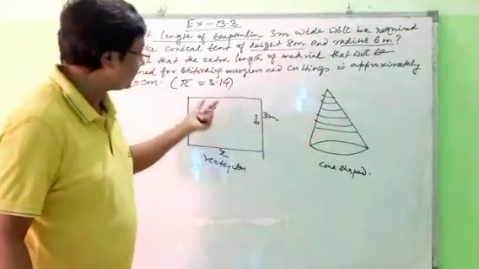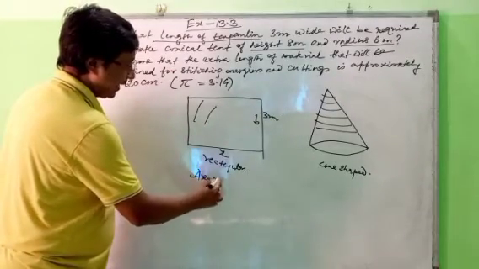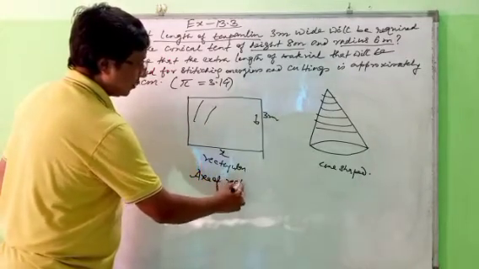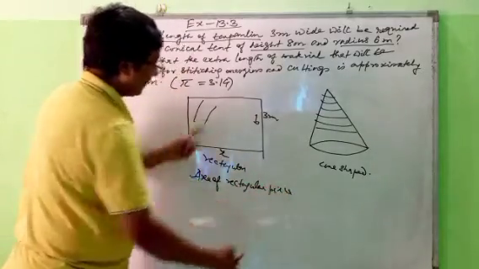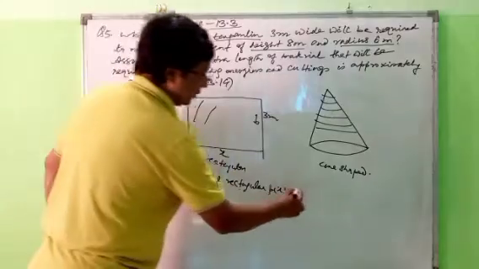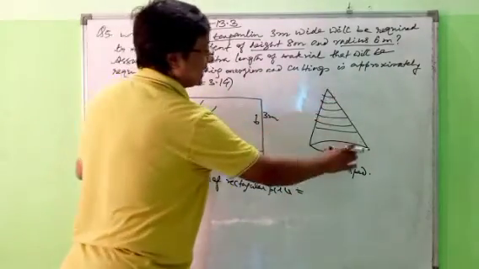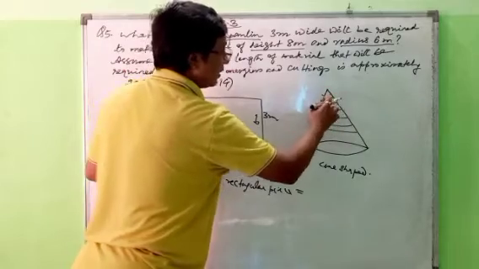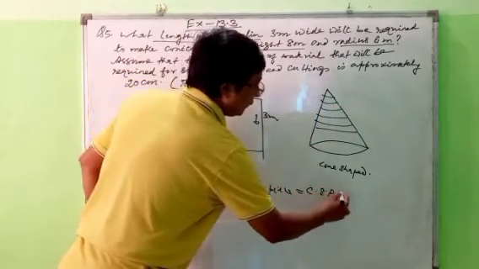So the area of the rectangular piece, which they are going to put on this conical tent, on the curved surface part, equals the curved surface area of the cone.